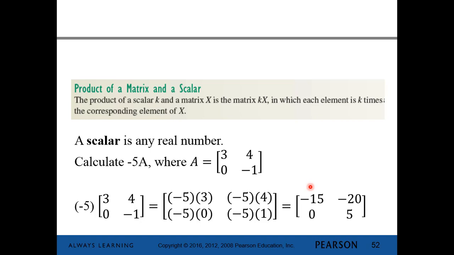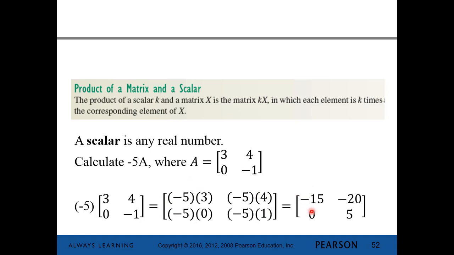So for example, in this case, we're going to multiply this matrix A, which is defined by this, by -5. That means we're going to multiply every element in A by -5. So we multiply 3 by -5, 4 by -5, 0 by -5, and -1 by -5, as I show here.